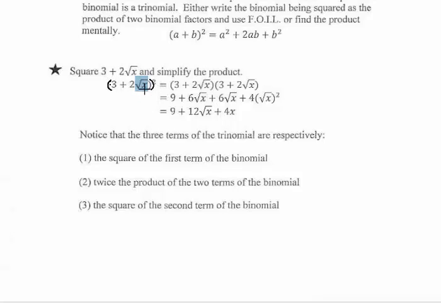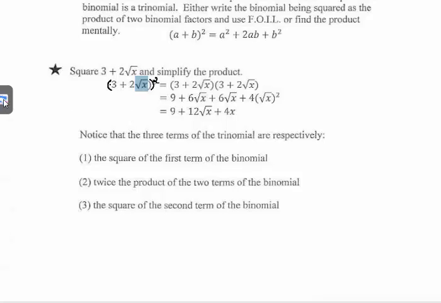Okay, and to handle that appropriately, we have to get it outside, and before we do that, we've got this square sitting outside the parentheses. So we can't just square the square root part, we have to square the entire polynomial inside the parentheses.